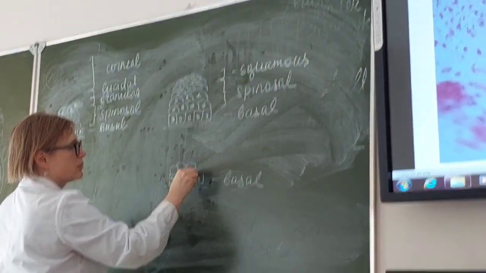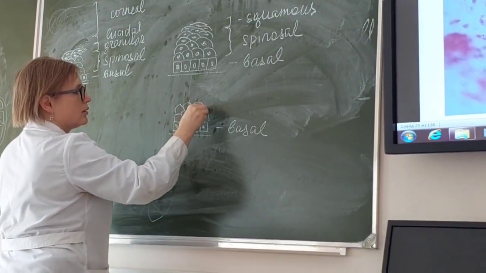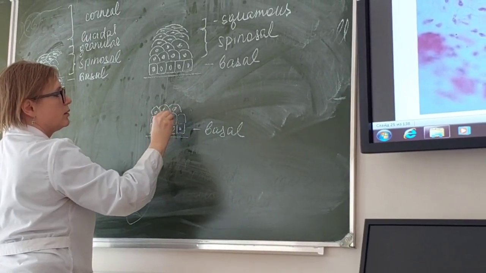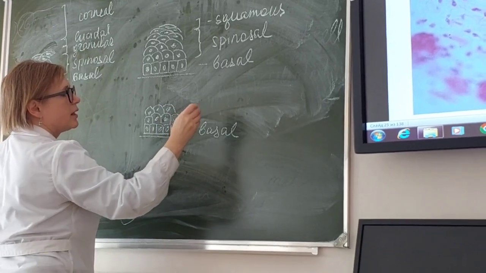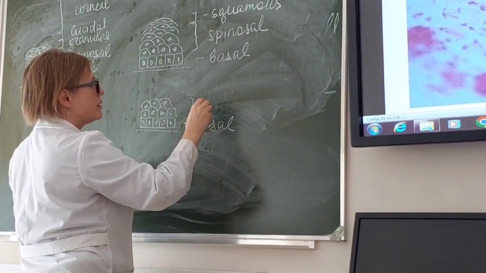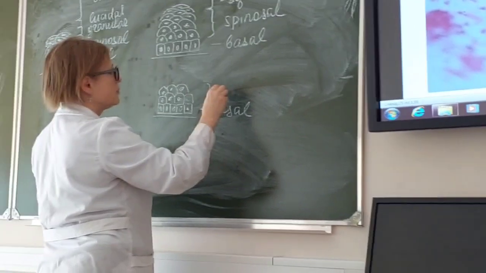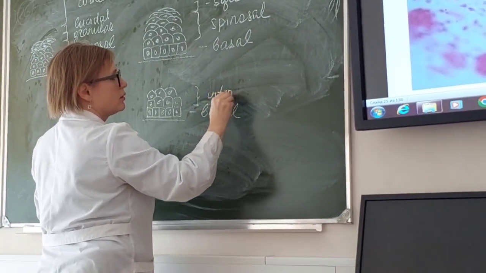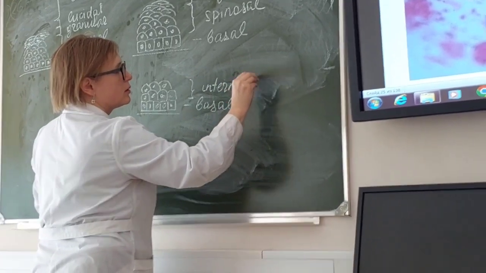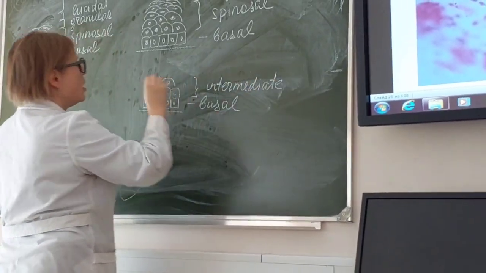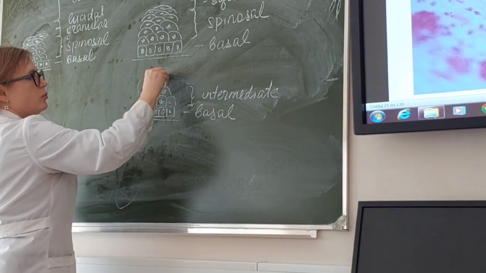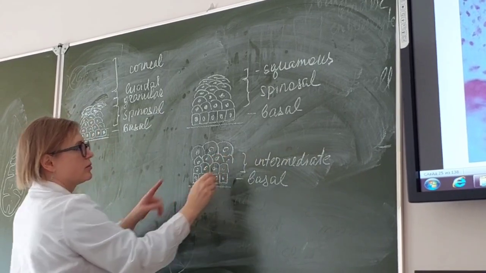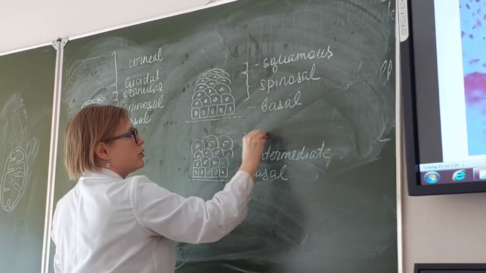After that, cells with round nuclei. This layer we identify as intermediate. And this cell, superficially situated, will be very large and round. This is superficial.